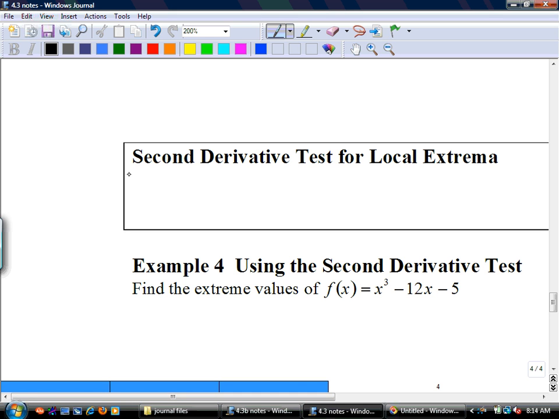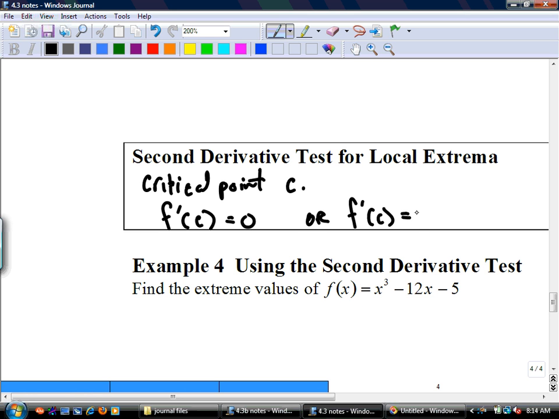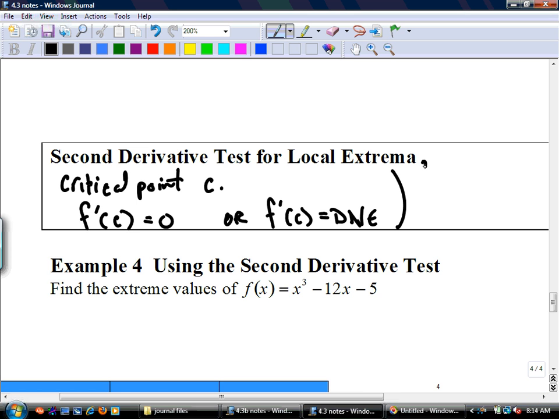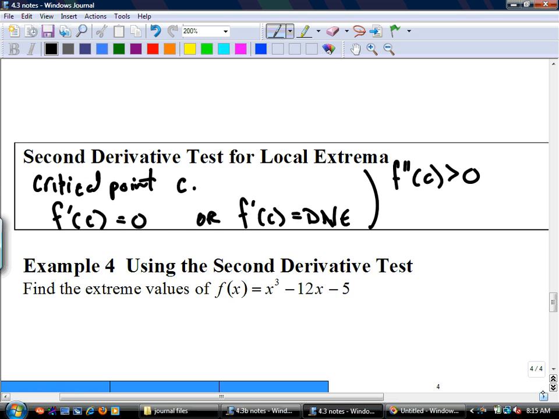Okay, so if you have a critical point C, so it satisfies the equation f prime of C equals 0, or f prime of C does not exist. Then if at point C the answer is positive, the function is concave up there.